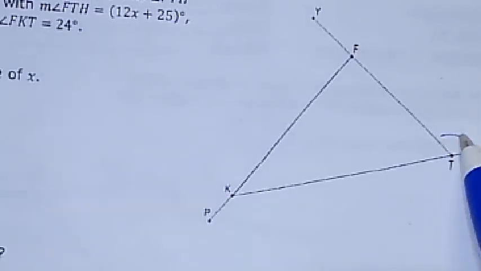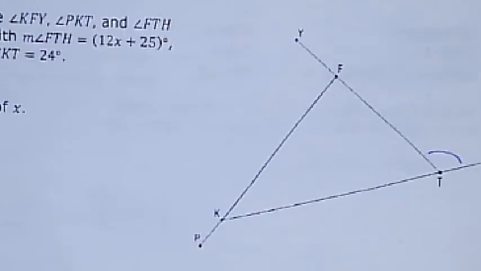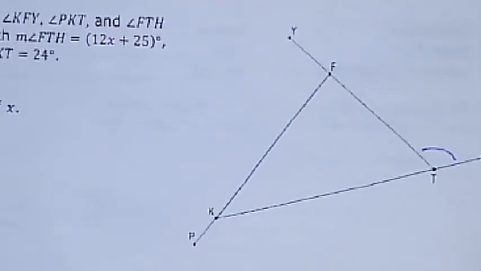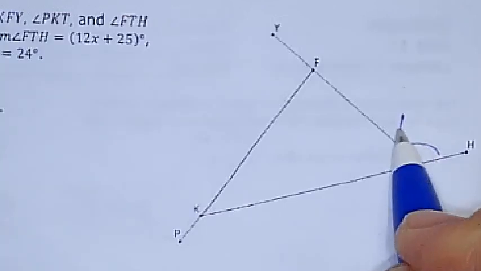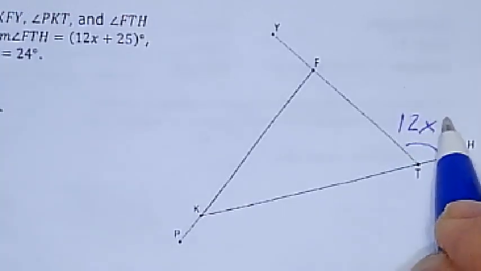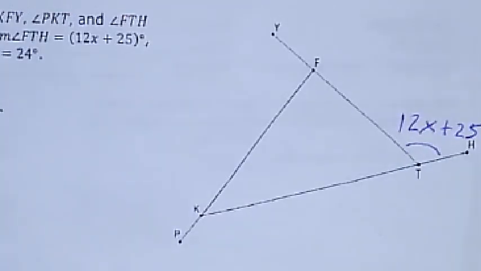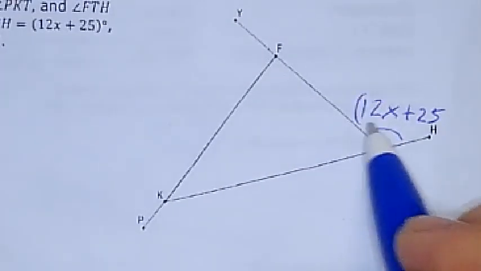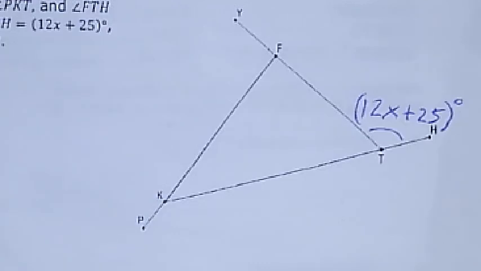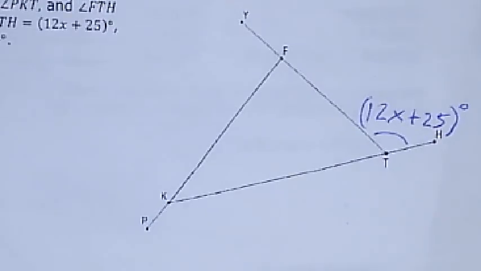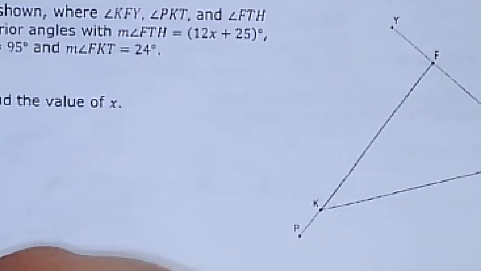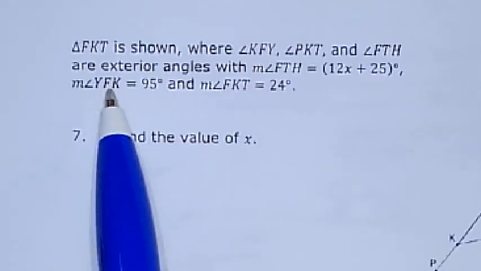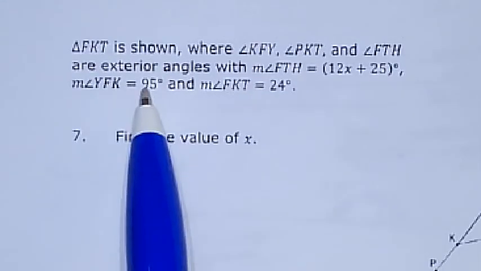So it says FTH is 12x plus 25. There we go. 12x plus 25. Okay, I labeled that. Then it goes ahead and tells you that the measure of angle YFK is 95. Can you find angle YFK in the first place? Hopefully.